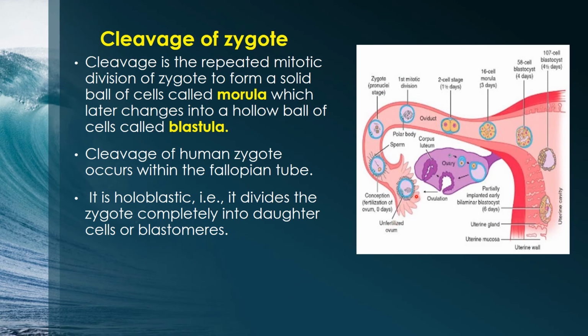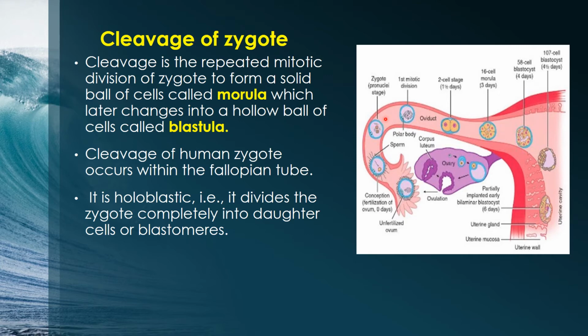Now, the process of the cleavage. You can see in the diagram, this is the ampullary part of the fallopian tube where the fertilization takes place. As a result of the fertilization, the zygote is formed, which is a totipotent cell. This zygote undergoes repeated mitotic divisions, which are called the cleavage.